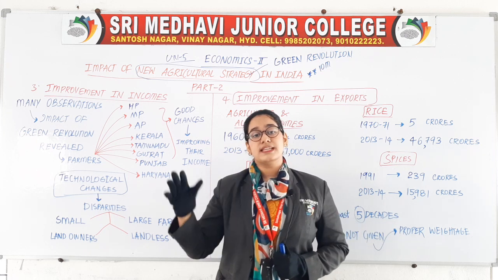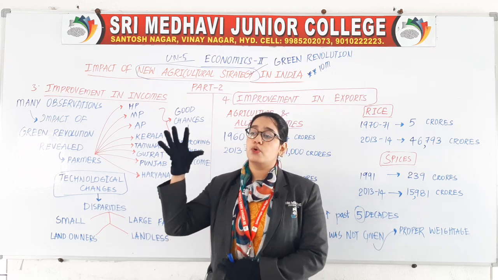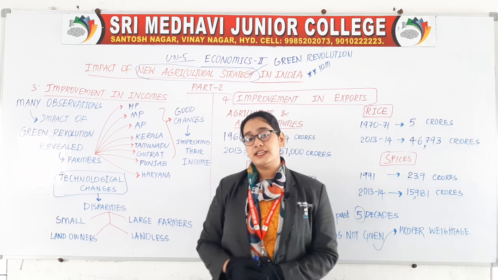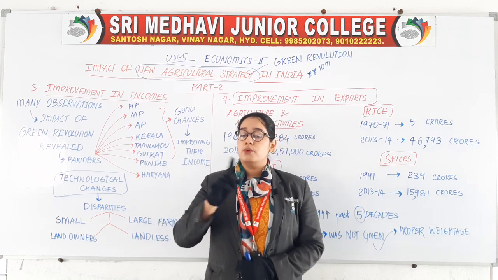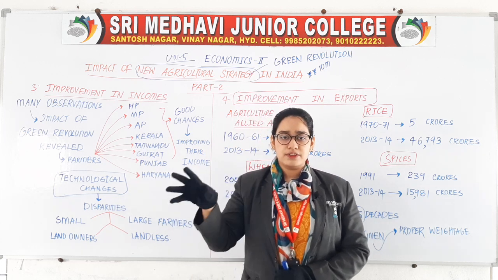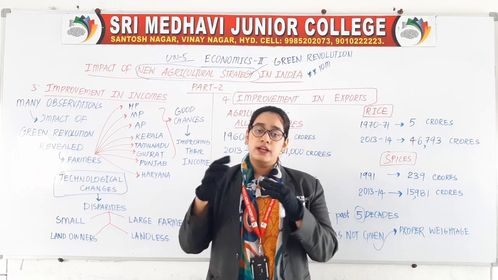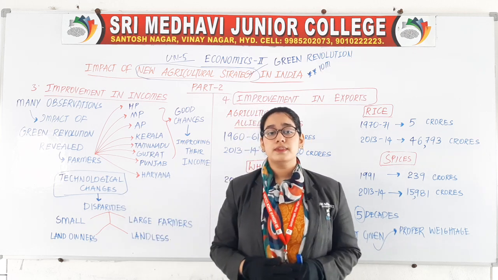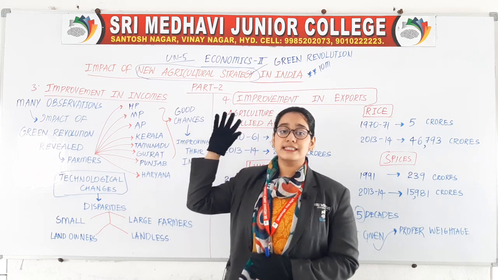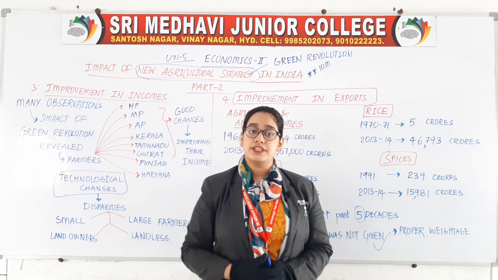Then second point was employment. If in agriculture we use only labor intensive techniques, in the sense only labor is going to work without the use of machinery, that is advantageous, because everyone is getting employment and we are solving the problem of unemployment. What was the negative impact then? I said while discussing the definition of Green Revolution, I also used the term technology, right?